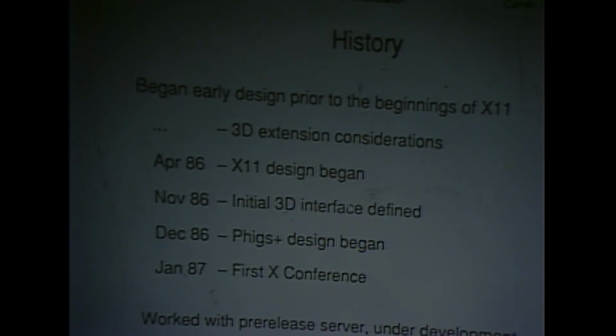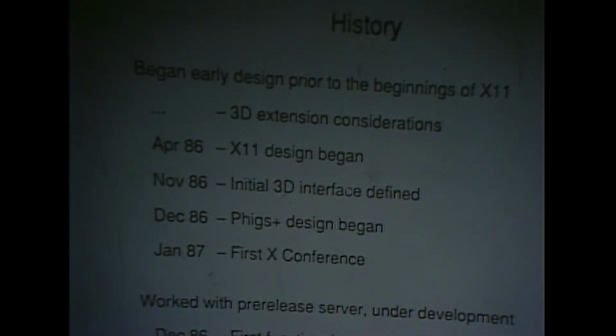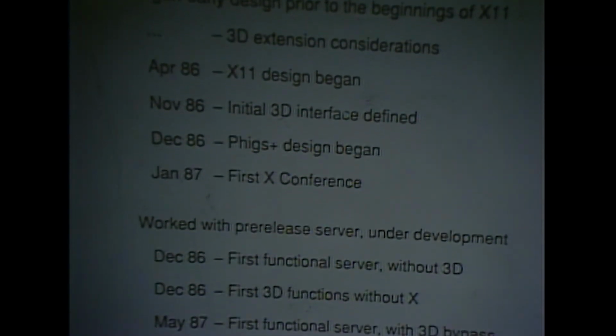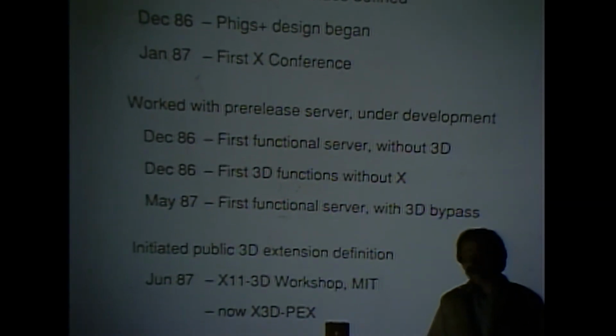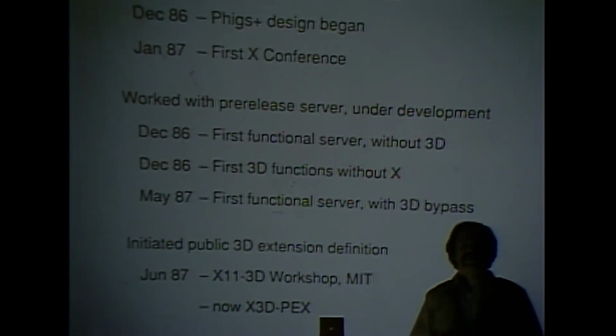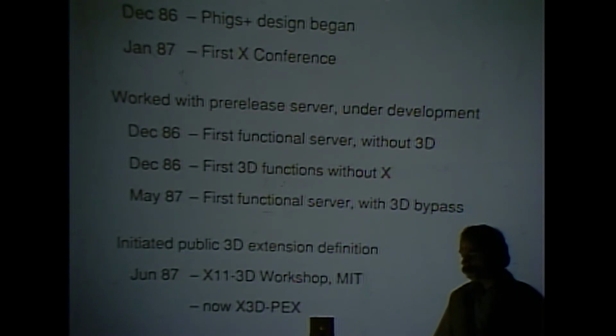PHIGS is an ANSI almost standard for 3D graphics. And then a year ago was the first X conference. In performing this work, we were working with pre-releases of the server. We had our first functional server without the 3D extensions running in December of '86, and we had 3D running without X on the same device at about the same time.